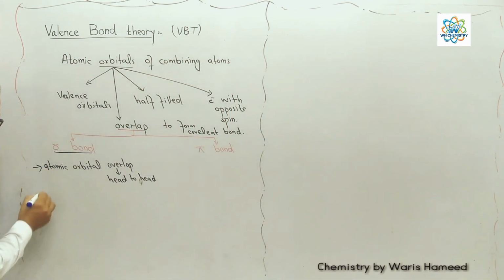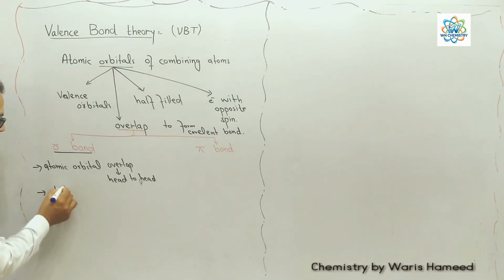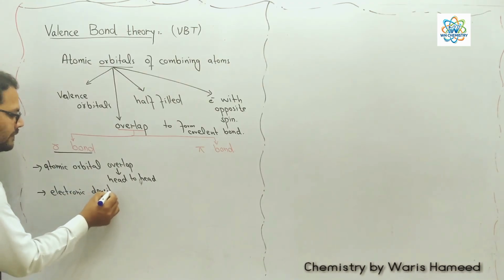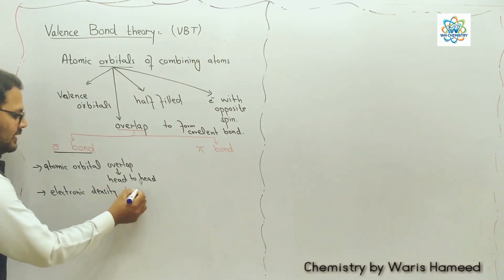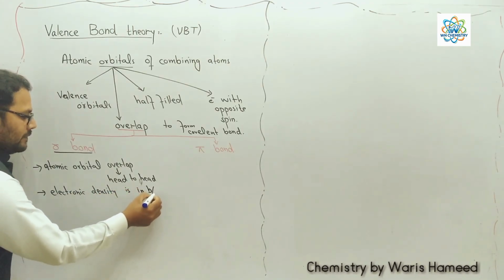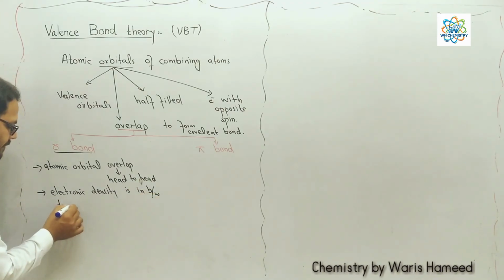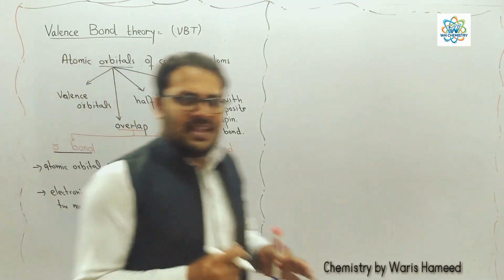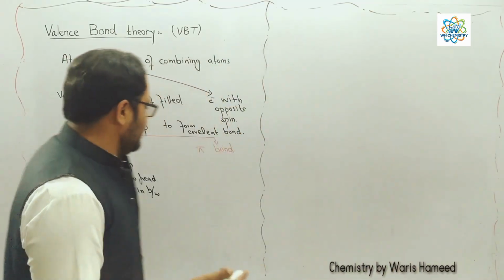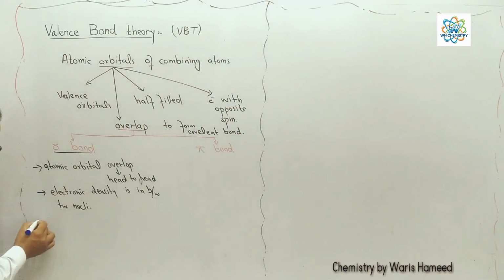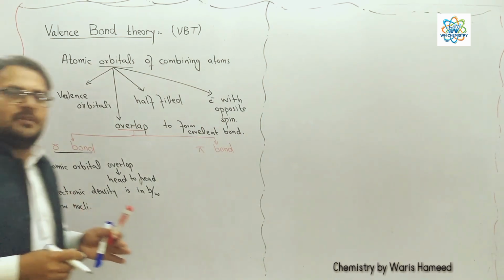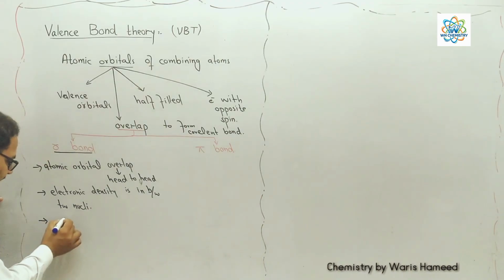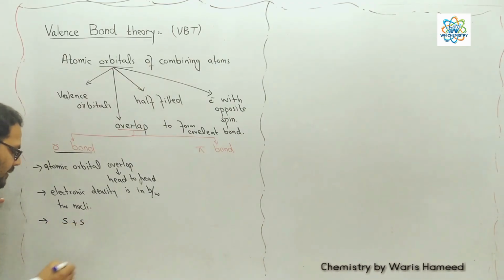In this case, electronic density is in between two nuclei, and the sigma bond is the first bond that is formed when two atoms make a bond, and it is formed in between s and s orbital.